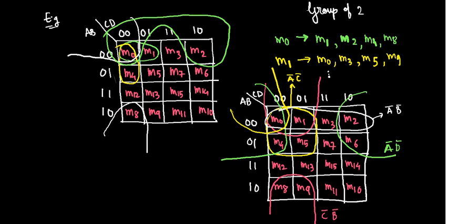M0, M2, M8, M10. Tell me the variables which are common. So B bar and D bar. Is this understood? Is there even one person here who is not understanding this?